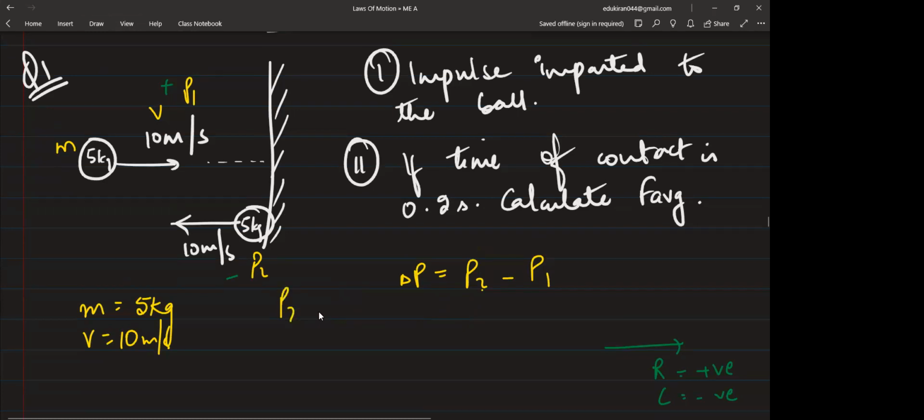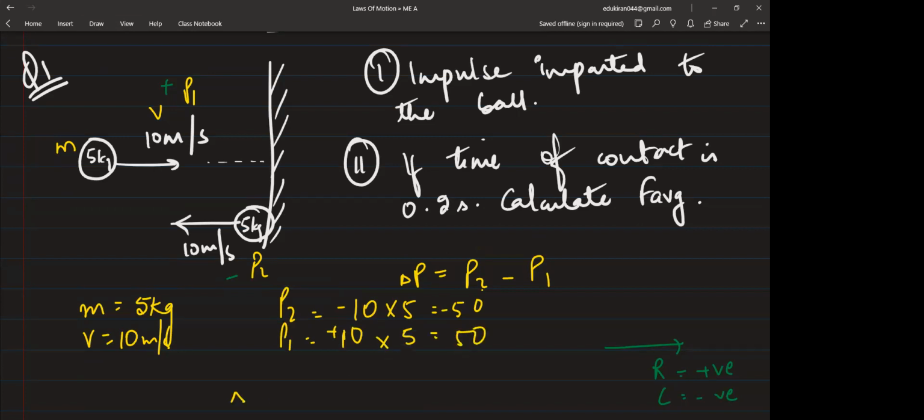What is P2? P2 is 10 into 5, which is 50, but this will be negative, right? And P1 is plus 10 into 5, so it is 50.